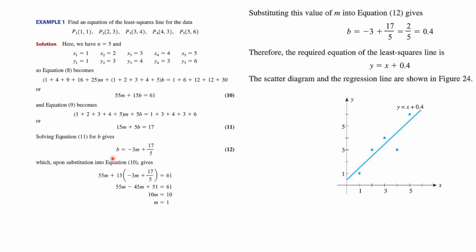We can solve for b in this equation and substitute it into the other one. Solve for m. So m is 1, and if I put 1 in there for that, I get b is 0.4. So the equation is y equals x plus 0.4, and here's the scatter diagram and the regression line plotted. And you see that's the best that we can do because we executed this process.